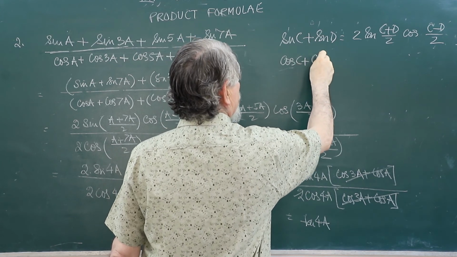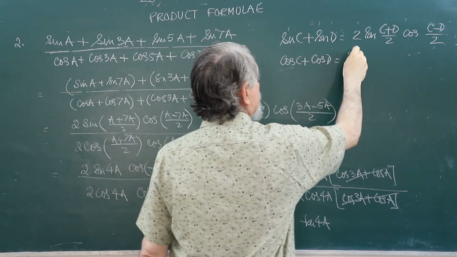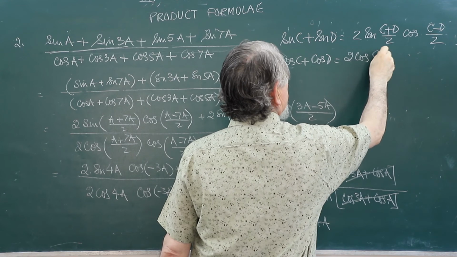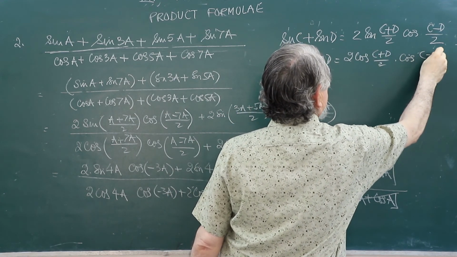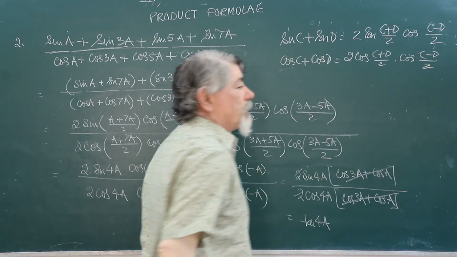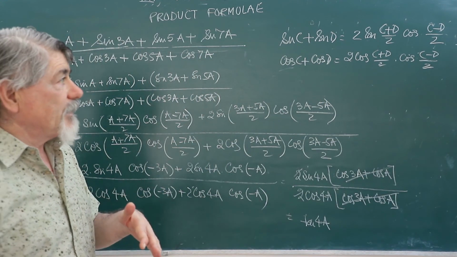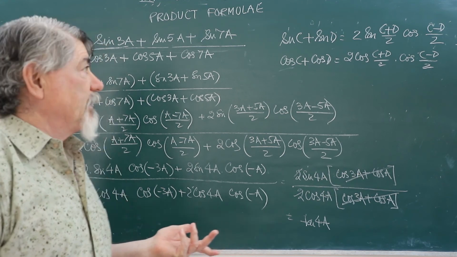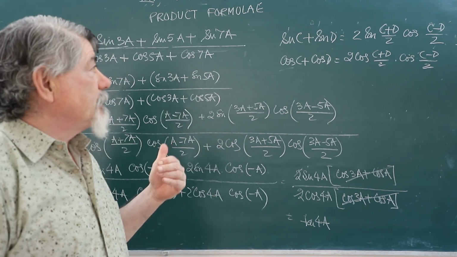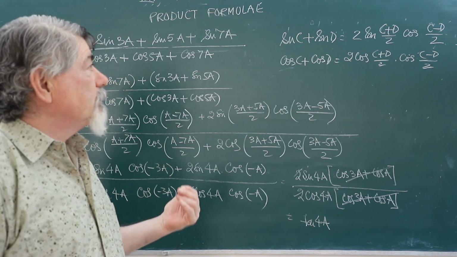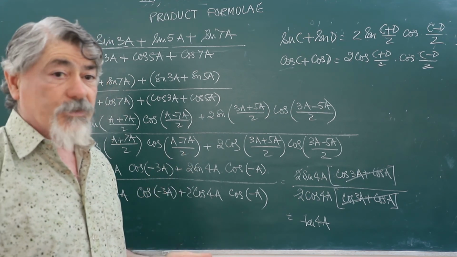Cos C plus cos D is 2 cos (C plus D) upon 2 and cos (C minus D) upon 2. Because in the cos formulas both the cos will come, or both the sines will come. So cos C plus cos D, both the cos will come, and cos C minus cos D, both the sines will come.